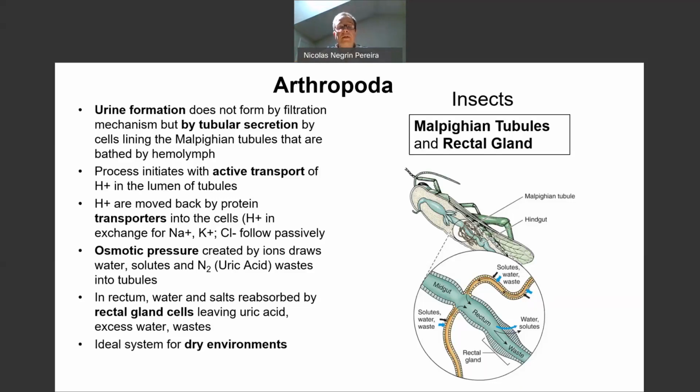And of course, it represents an ideal system for dry environments, because it produces uric acid, which is not very soluble in water, meaning that it will not draw water into the rectum. So for this reason, this animal will save water, and that is an excellent adaptation to extremely hot and dry environments, like, I always use the example of a desert.